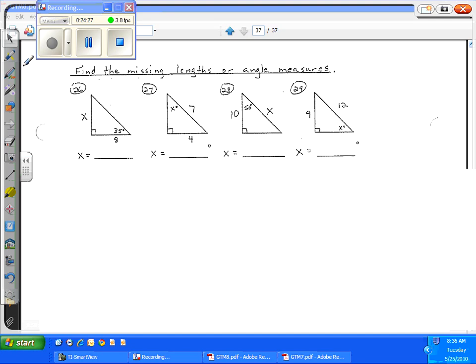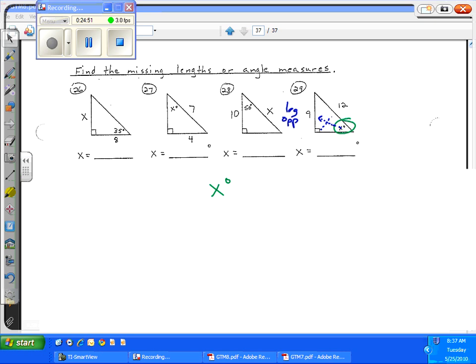Number 29, we're looking for the angle x. So that would be the angle that we use. We look at the sides and see how they're related to the angle. The 9 is a leg. It's the leg opposite the angle we chose, x.